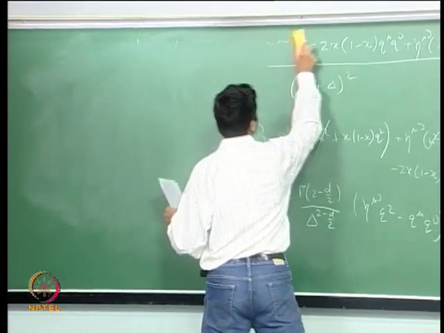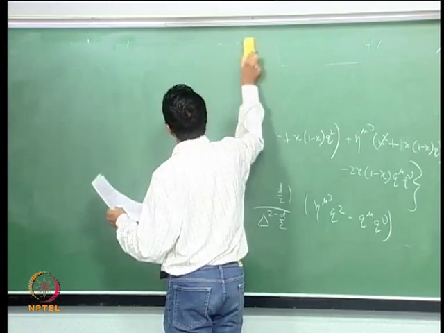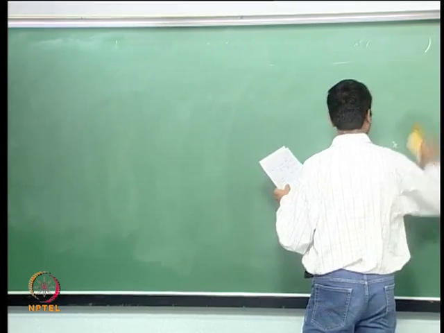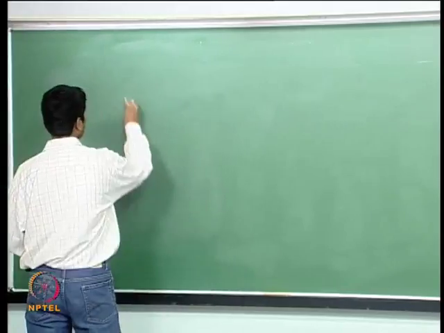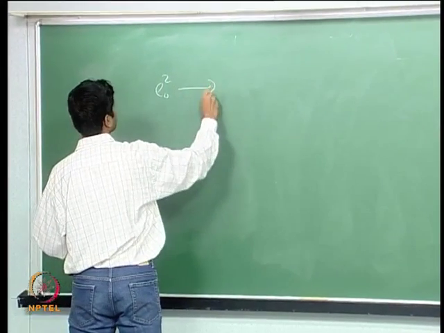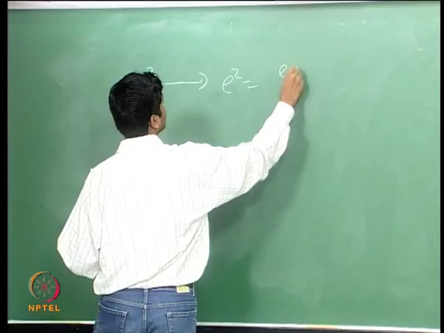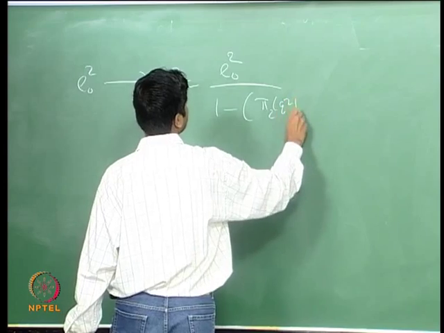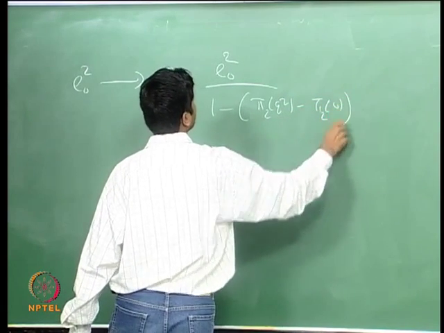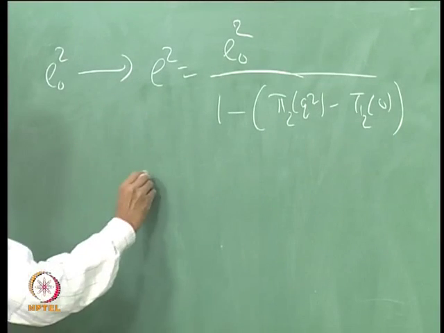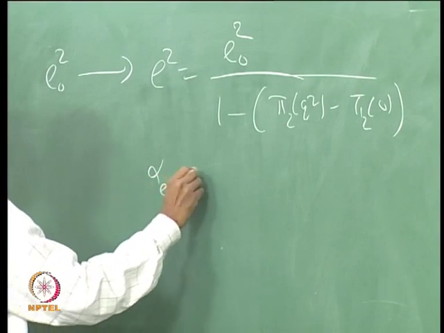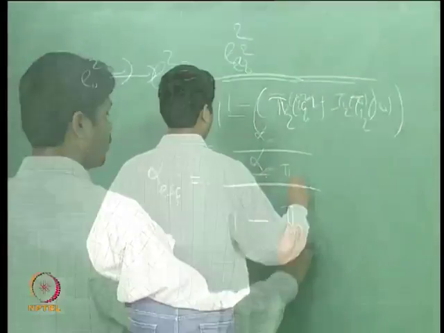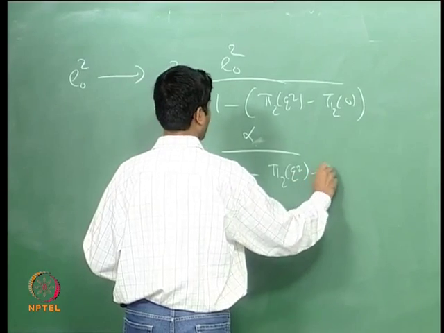So because of this correction here, the effective electric charge up to this order is basically given by, so e 0 square is basically replaced by e square, which is e 0 square divided by 1 minus pi 2 of q square minus pi 2 of 0, or in other words the effective fine structure constant alpha effective is given by alpha divided by 1 minus pi 2 of q square minus pi 2 of 0.